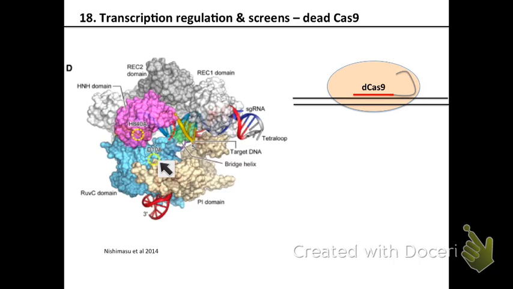I forget. Aspartic acid, I think. I don't know. Changed to alanine. Okay, so these single amino acid mutations basically made the catalytic domain completely inactive. So now the enzyme with the single guide RNA can bind to DNA, but does not cut it.